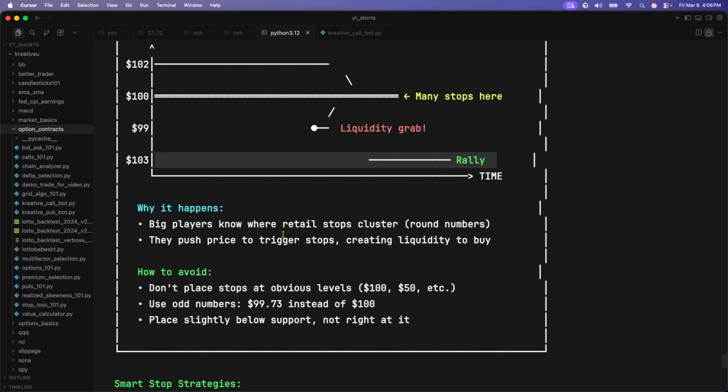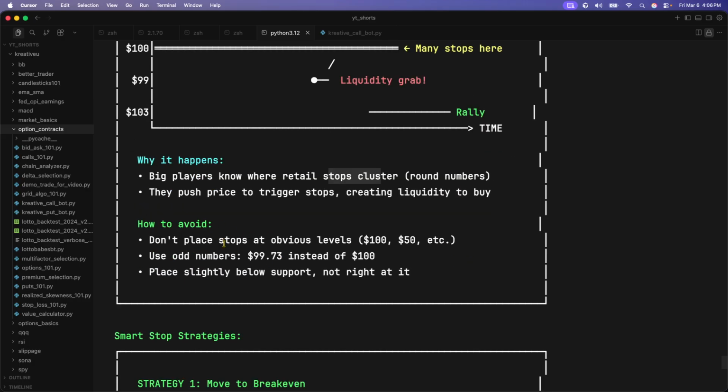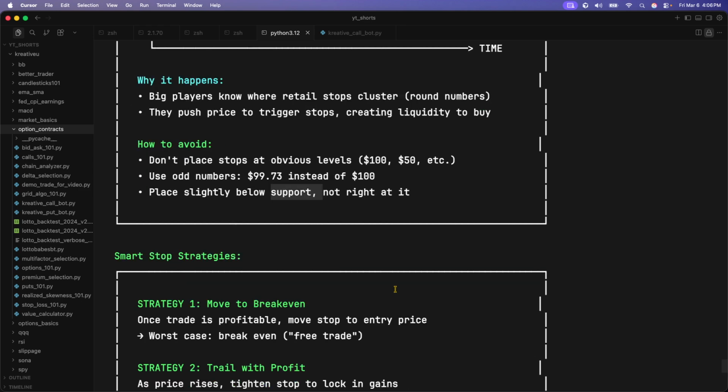Big players know where retail stops cluster, at round numbers, and they push the price to trigger the stops, creating liquidity to buy. How to avoid it? Don't place stops at obvious levels, like 150. Use odd numbers like 99.73 instead of 100. Place stops slightly below the support levels, not right at them.